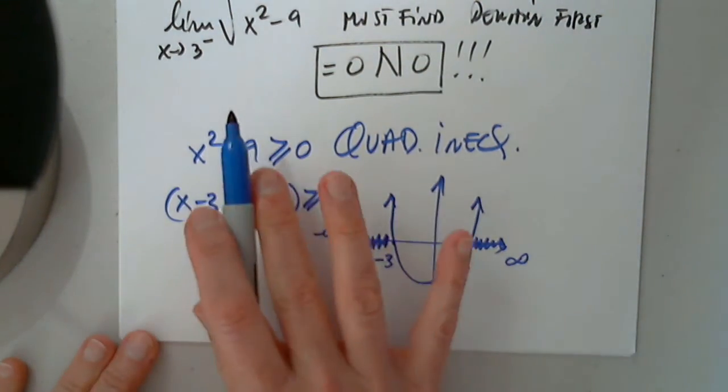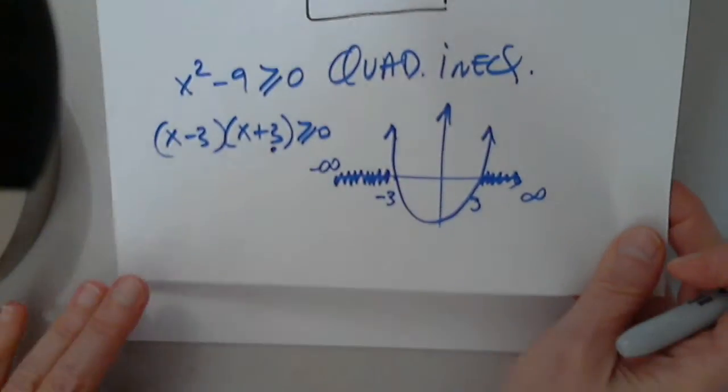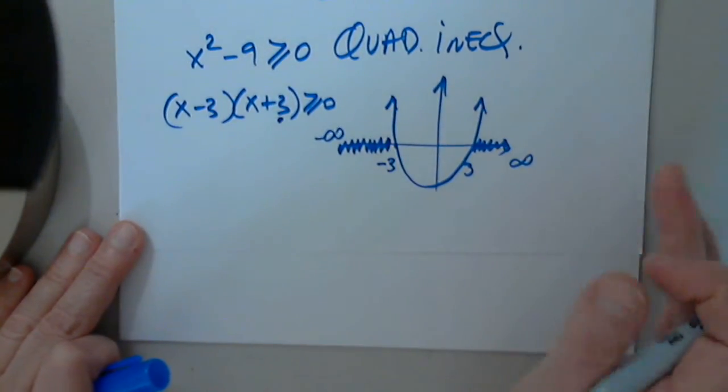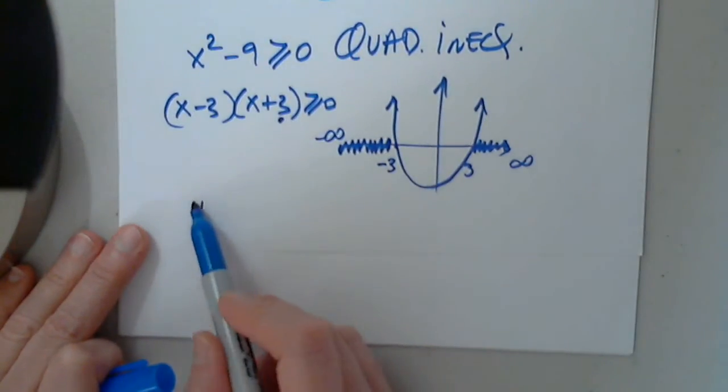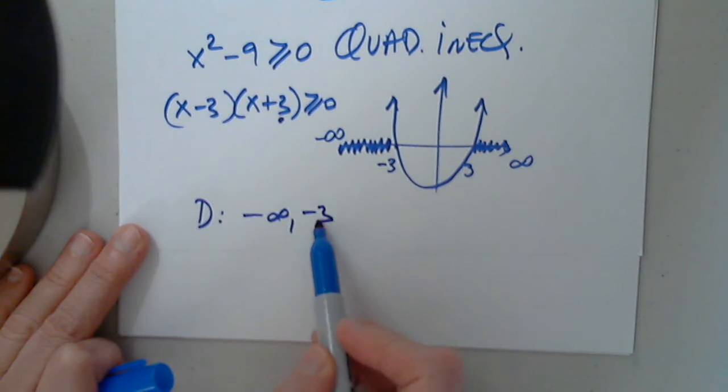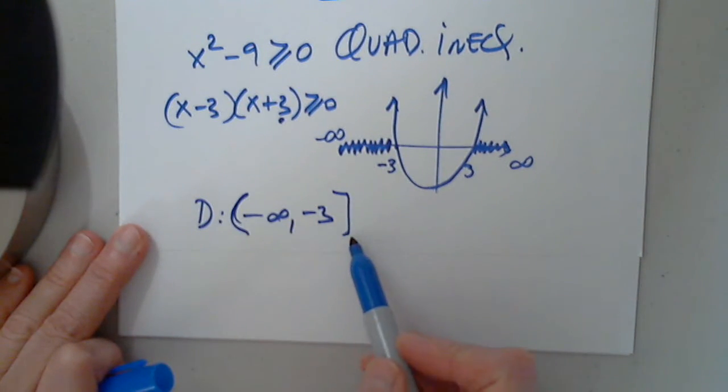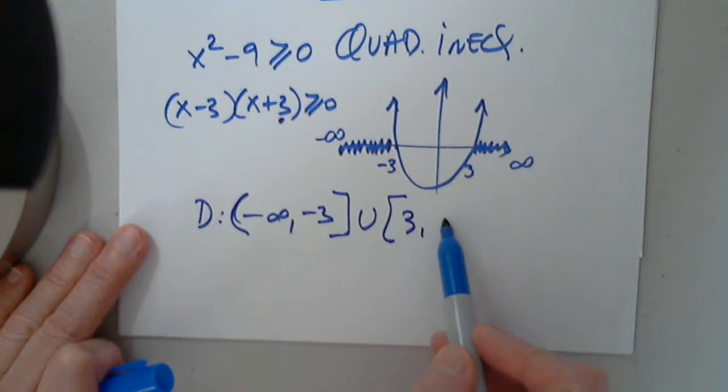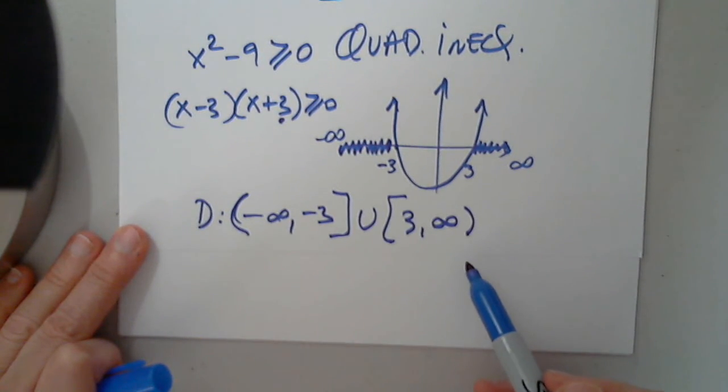Very simple, it's quadratic. If it were linear, it's even easier. I don't even have to solve that much. So then I know the domain is negative infinity to negative 3, parenthesis, bracket, union bracket, 3 to infinity, parenthesis.